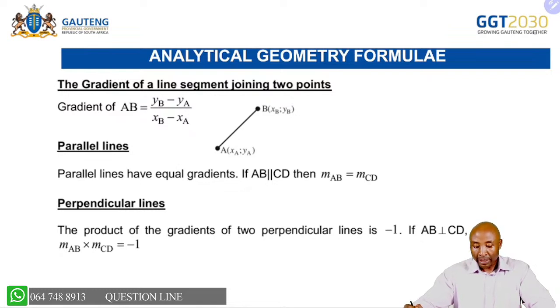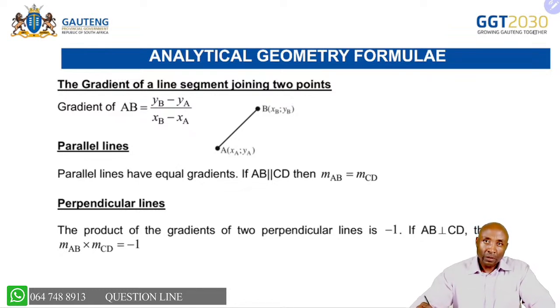And remember, if you start with coordinates of point A, it means it will be y at A minus y at B over x at A minus x at B. It works either way. It does not mean that you always have to take the upper one or the lower one first. The order is very important.